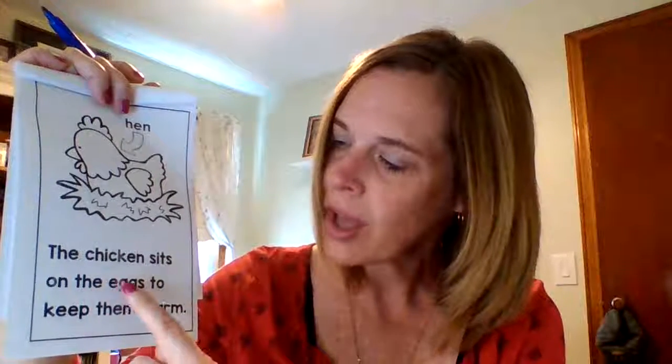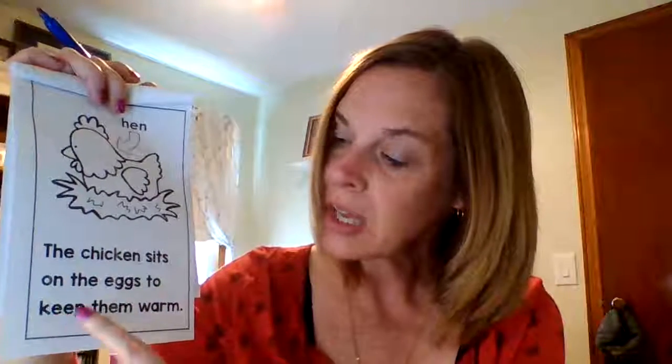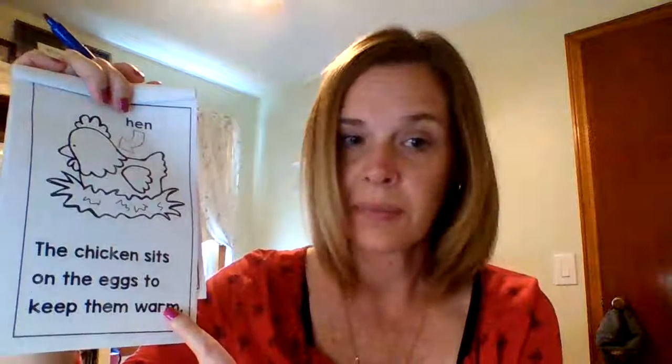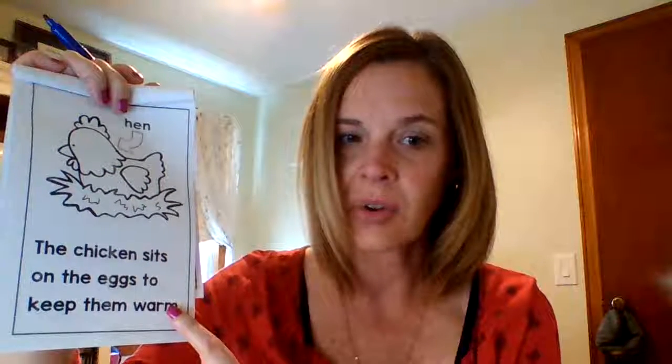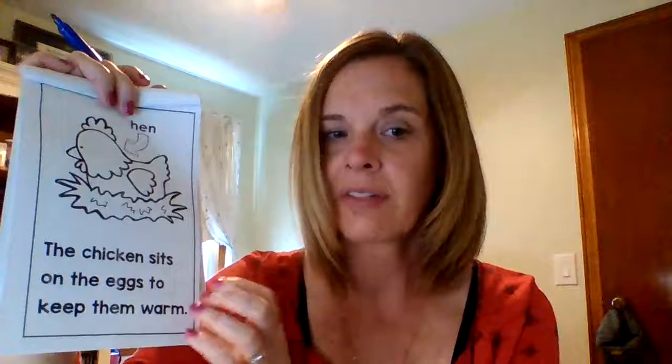The chicken sits on the eggs to keep them warm. Now, if you're really, really looking, you're going to see 4 words that have digraphs. The, chicken, the, and them.